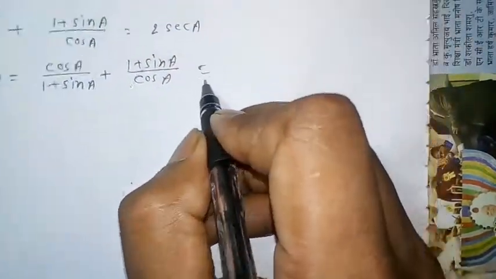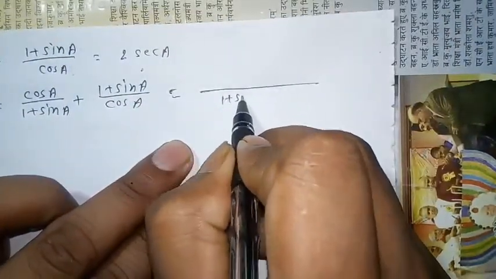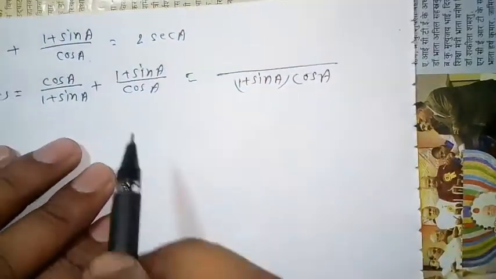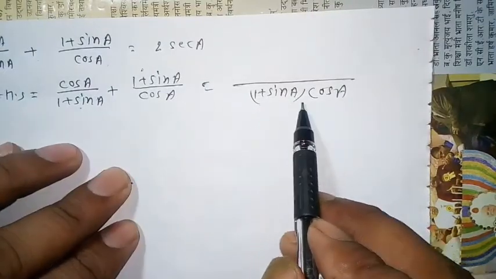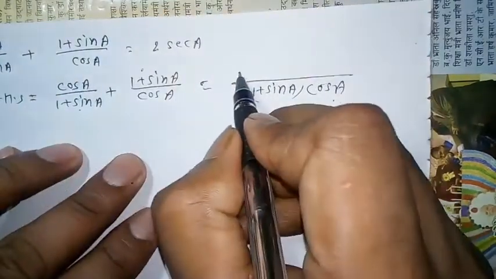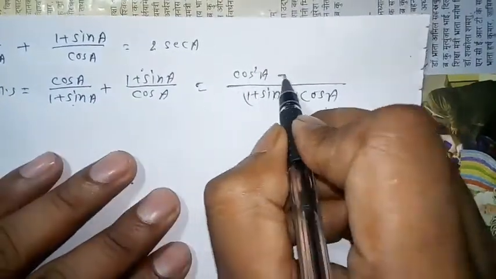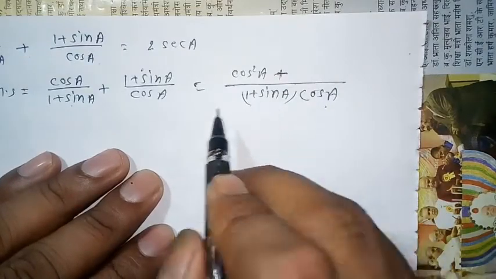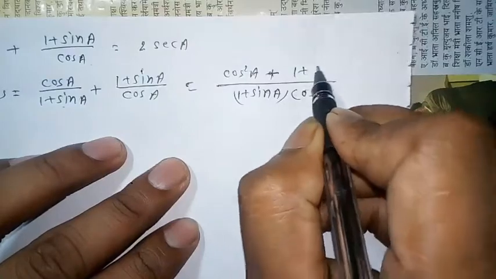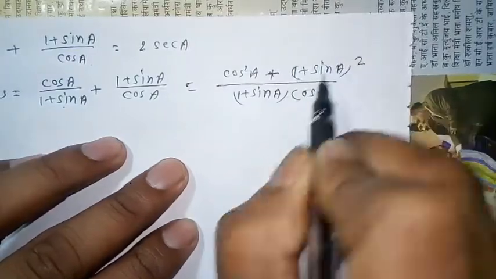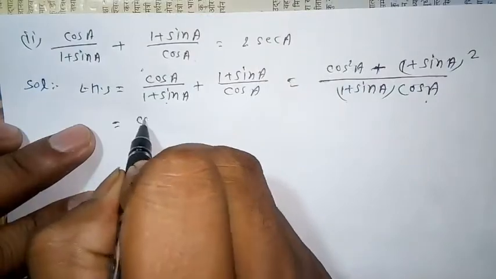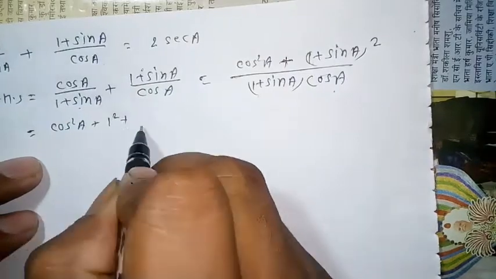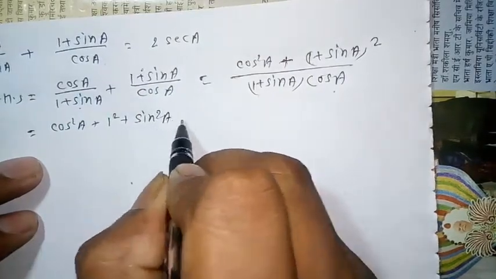LCM is equal to (1 plus sin A) into cos A. So 1 plus sin A divided into (1 plus sin A) into cos A gives cos A, so cos A into cos A, cos square A. Cos A divided gives 1 plus sin A, so (1 plus sin A) into (1 plus sin A) is (1 plus sin A) the whole square, which is cos square A plus (a plus b) the whole square, a square plus b square plus 2ab.